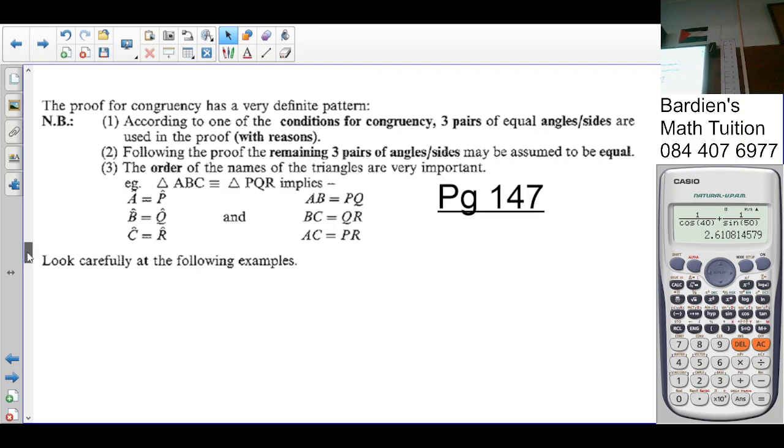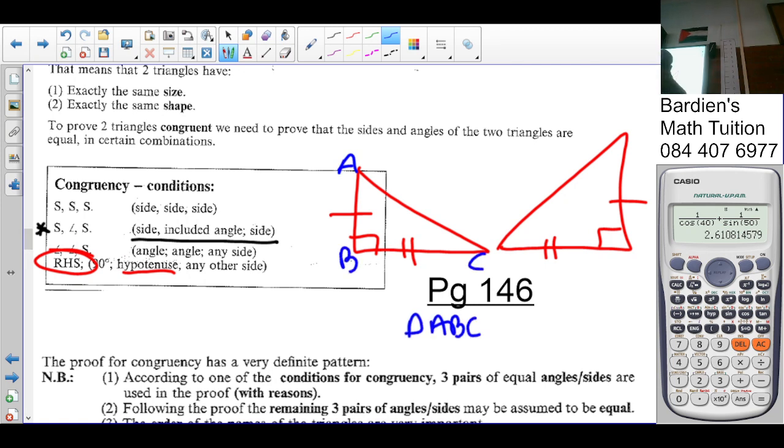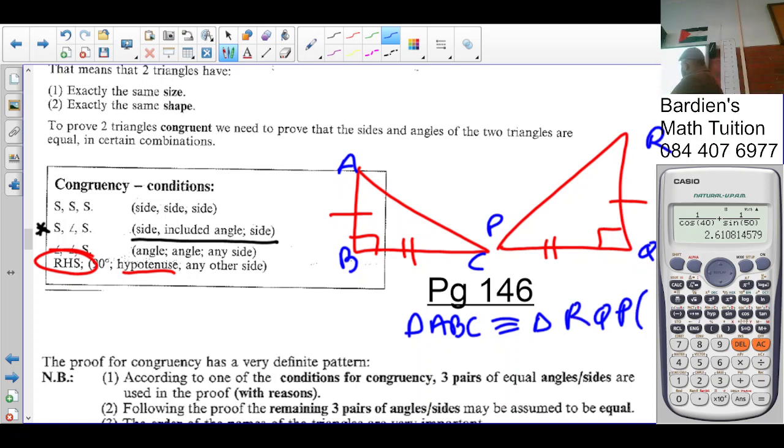Which means to say, if you prove that triangle ABC is congruent to triangle PQR, let's check if the order is right. B corresponds with Q, C corresponds with P, so it's going to be R. And what case of congruency did we say this was? Side, angle, side.